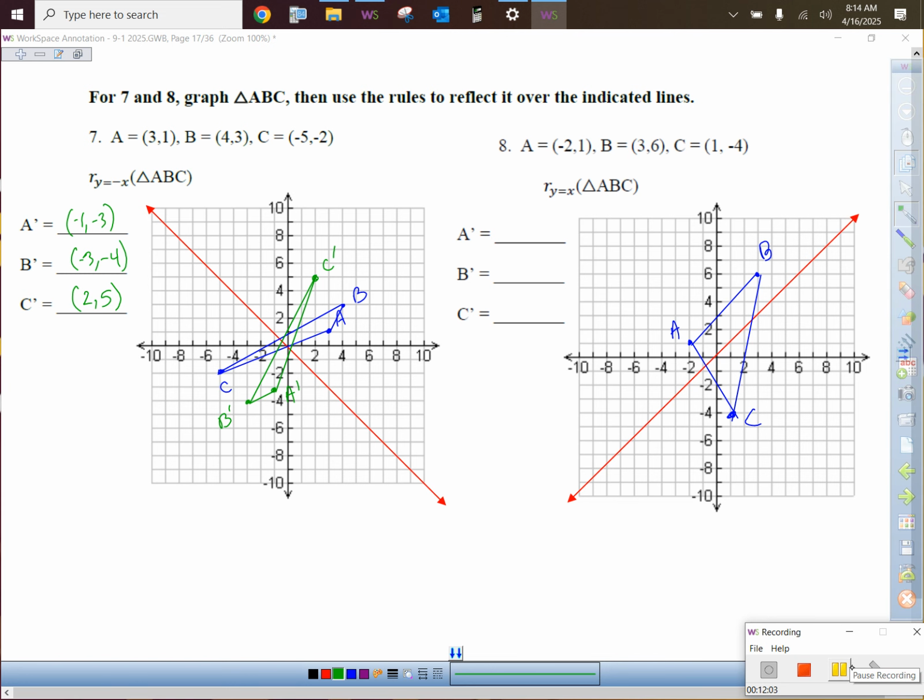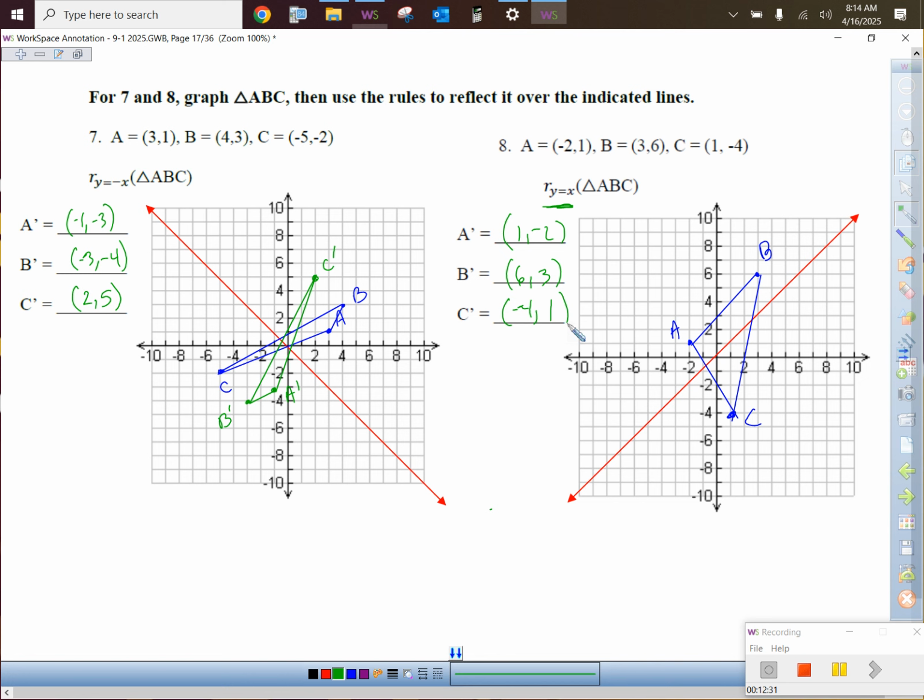Once you get triangle ABC plotted, then find A prime, B prime, C prime with the rule to reflect over the line y equals x. You just switch places. So A prime will be at 1, -2. B prime will be at 6, 3. And C prime will be at -4, 1. To reflect over the line y equals x, those switch places. And plot them and connect them.